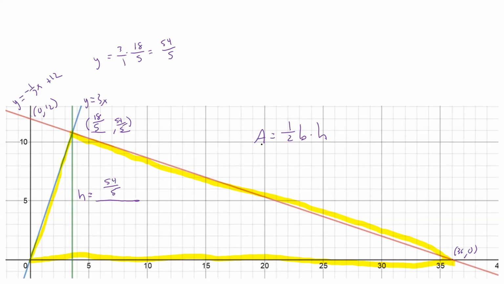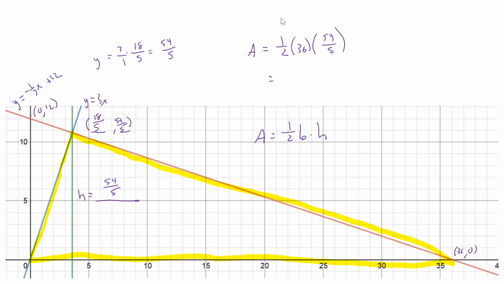So now do we have everything we need to find area? Well, area is 1/2 base times height. So area is 1/2 times the base, which we said was 36, times our height, which we just found is 54 over 5. And now we have to multiply that all out. Now the question is, do we want to leave it as a decimal, or as fractions?